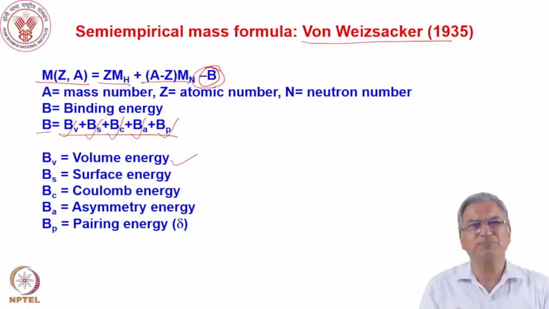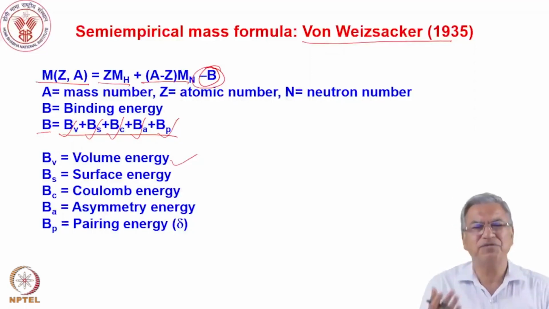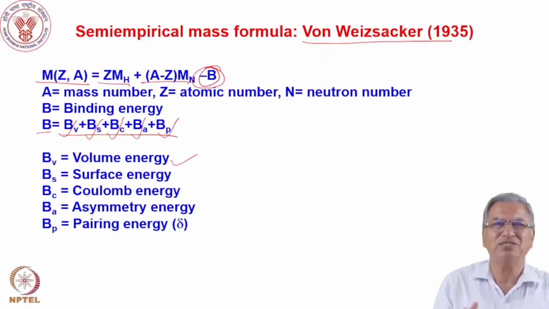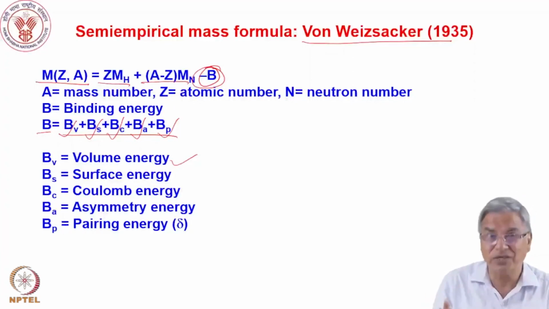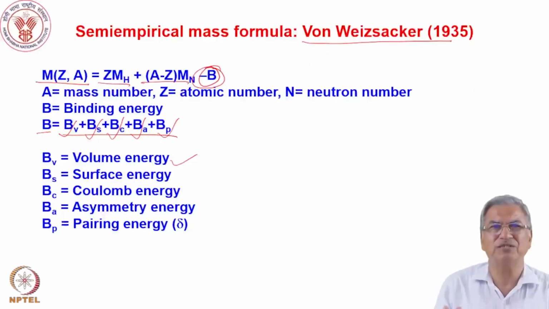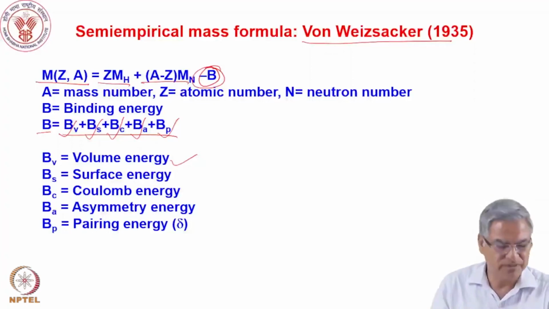So we derive the expressions of the volume energy and surface energy from the liquid drop properties, and then there are some additional terms. Instead of a liquid drop, the nucleus contains charge, and like charges repel. That is how the Coulombic term came into the picture. And neutrons and protons are not the same, particularly for heavy nuclei, so we have the asymmetry term and the pairing energy term. That means the nucleons like to pair up inside the nucleus, so there is a pairing energy term.